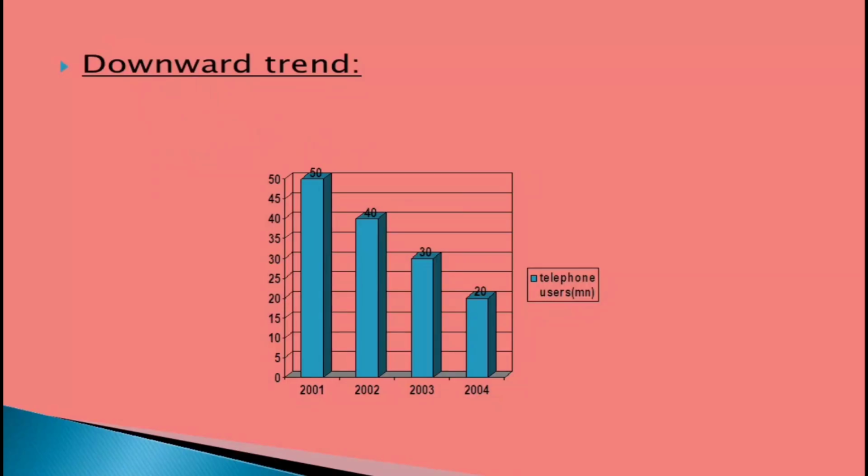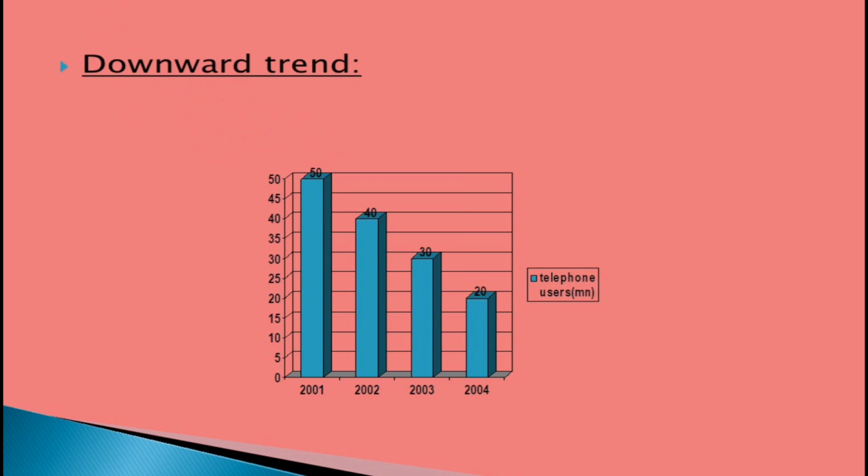Now, the downward trend. If the graph or chart shows any downward trend, then you can use this type of word like decrease or decreased, fell, drop, dropped, or you can use decline or declined, collapse, collapsed, slump, slumped, plummet, plummeted, plunge, plunged, tumble, tumbled, dip, dipped, slip or slipped.